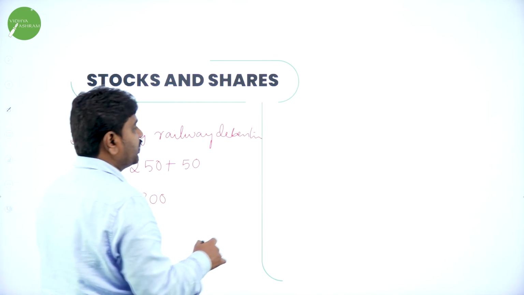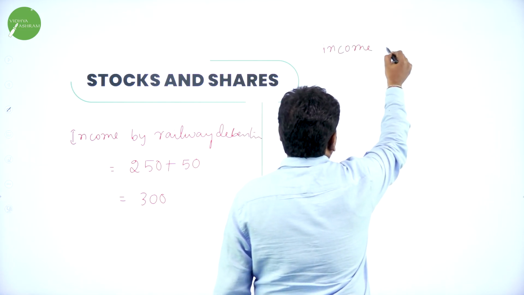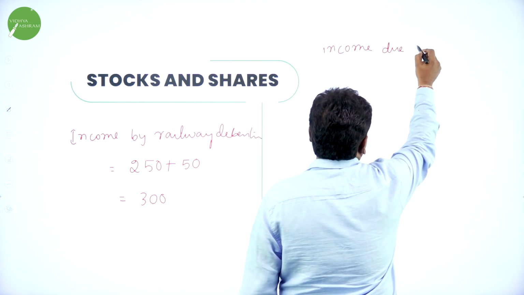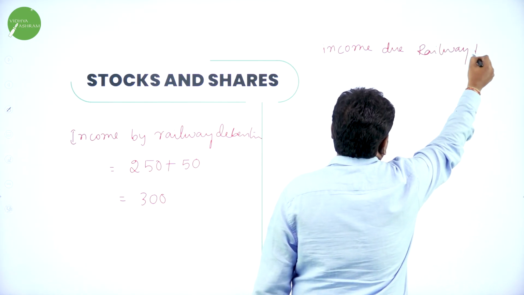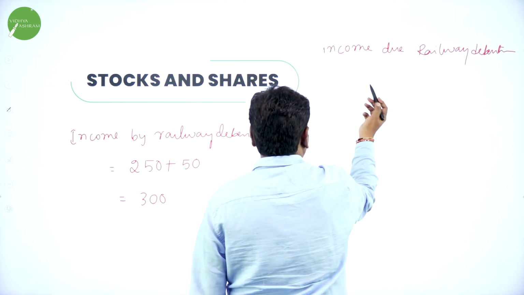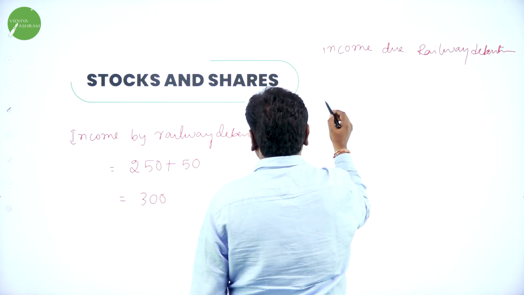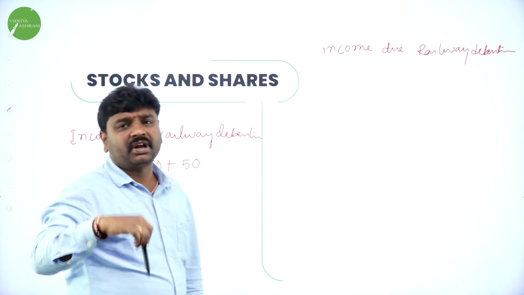But you know the formula for income. So income due to railway debentures is equal to 300. The formula for income due to railway debentures is dividend by market value into 100.